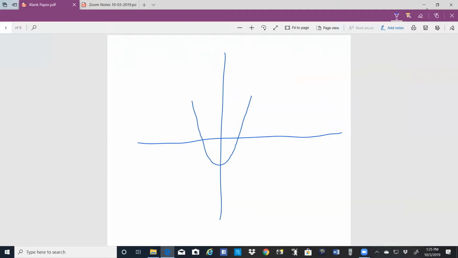And this could be x1, this could be x2, where it goes through 0. Or it could be turned over this way. And this could be, say, x3 and x4, where it goes through 0. And in these two particular cases, it has two separate real zeros.